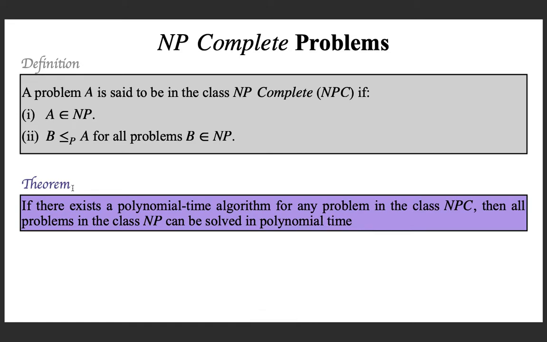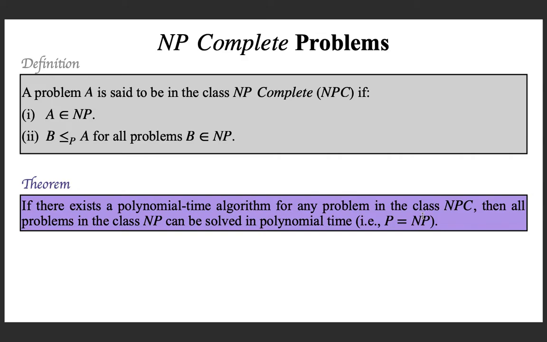Now from the definition we can have a theorem. If there exists a polynomial time algorithm for any problem in the class NP complete, then all problems in the class NP can be solved in polynomial time. That is, then P is equal to NP. The class P and NP are the same. This is an unknown problem, whether P is equal to NP or not. The solution is unknown.